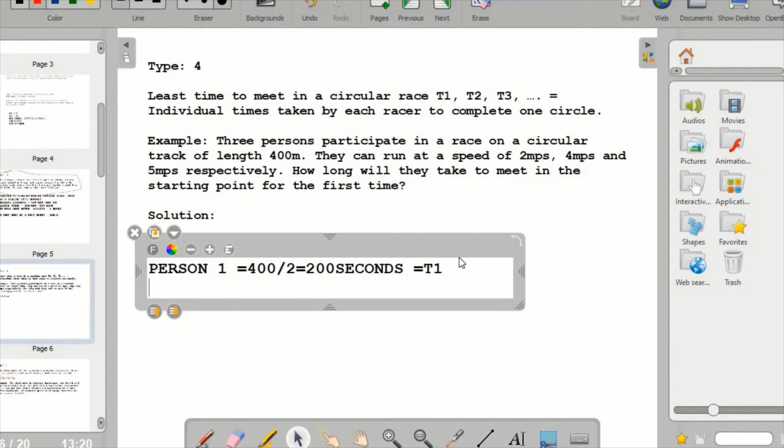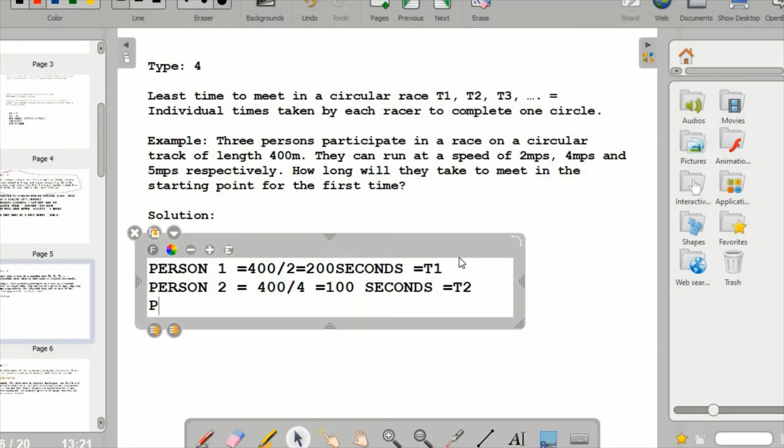The second person is traveling at 4 m/s, so 400 divided by 4, he will reach in 100 seconds. We can assume it as T2.